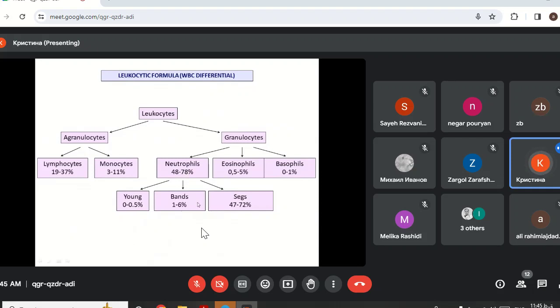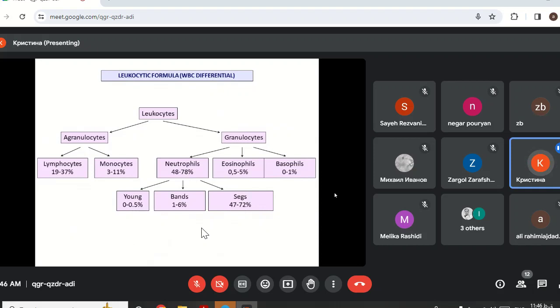They are not fully mature neutrophils, up to 6% of all leukocytes. And the so-called young neutrophils are less mature than bands. They are up to 0.5% of all the leukocytes. So this is the normal percentage of different leukocyte types in a blood smear.